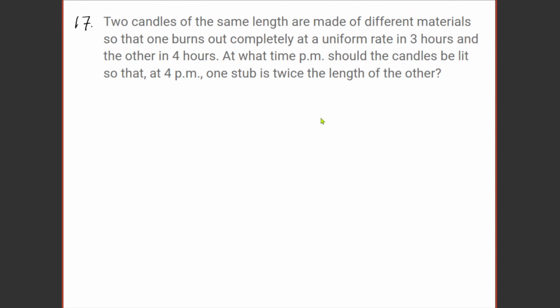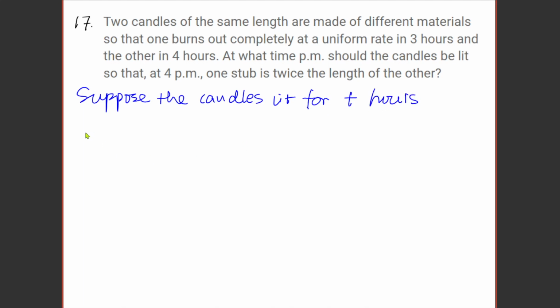Okay, two candles. Suppose the candles are lit for T hours. We know for the 3-hour candle, the remaining part of it is 1 minus T over 3, right?